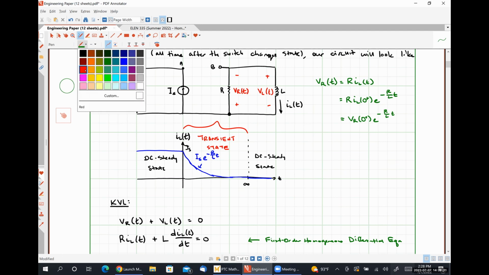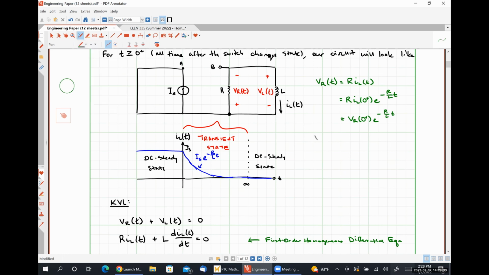Similarly, we can say that VL of t has to just be negative VR of t, which we could write as VL of 0 plus e to the minus R over L t, where we know that VL of 0 plus is just negative VR of 0 plus from Kirchhoff's voltage law.